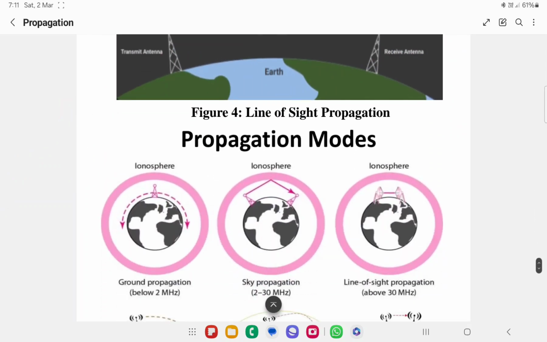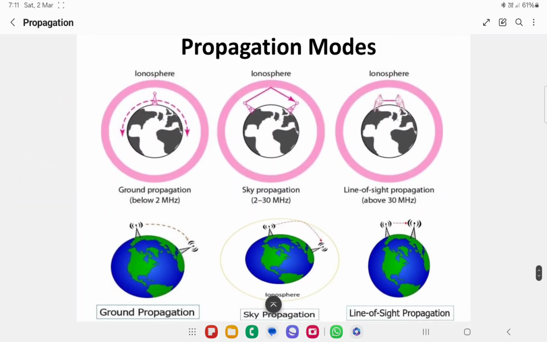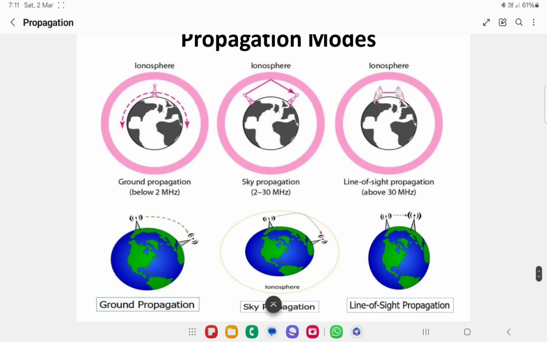In detail, let's see the propagation modes, how we propagate it. These are some images I have collected from some internet sites, and I have already given those sites' names in the reference. Here you can see the different propagation modes. In ground propagation, suppose you have an antenna, the signal transmits like this, so it will go in this direction and this direction also.